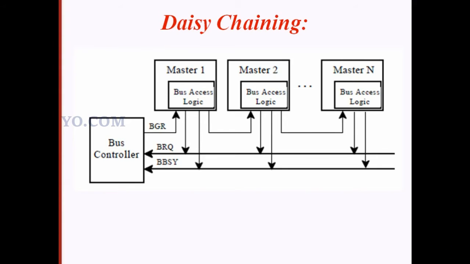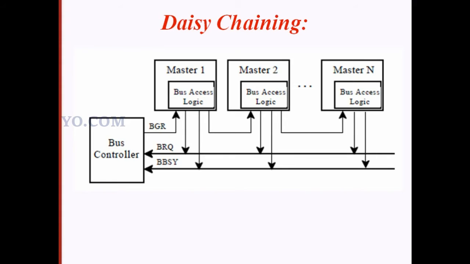If any one device wants to use the bus or transfer data, that device requests the bus controller by using bus request. Then the bus controller generates the bus grant signal, BGR, bus grant for request. That bus grant signal, the acknowledge signal, is sent towards the masters from the first master to the last master.